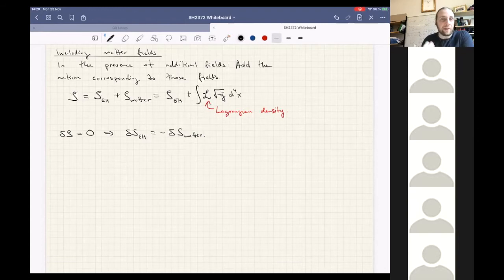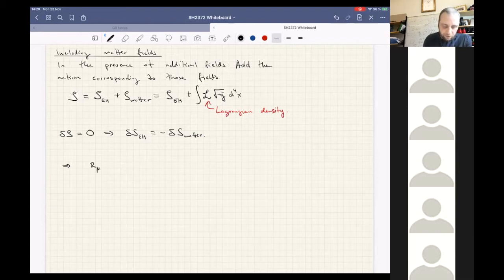We don't know that unless we look at the variation of this part with respect to the inverse metric. So I'm going to leave that as is. But what we do find out, when we do all of this variation, is the following.